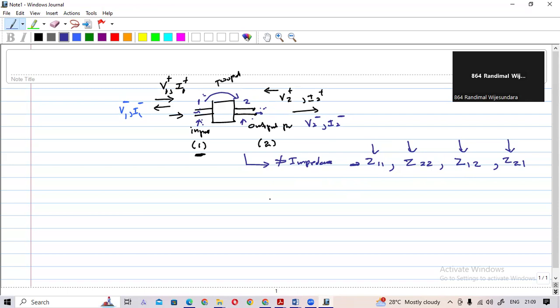Okay. So Z11, actually what is that? So you know that V equal IR. Okay.